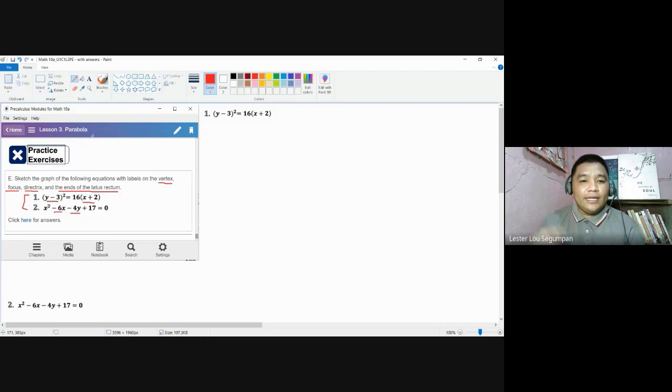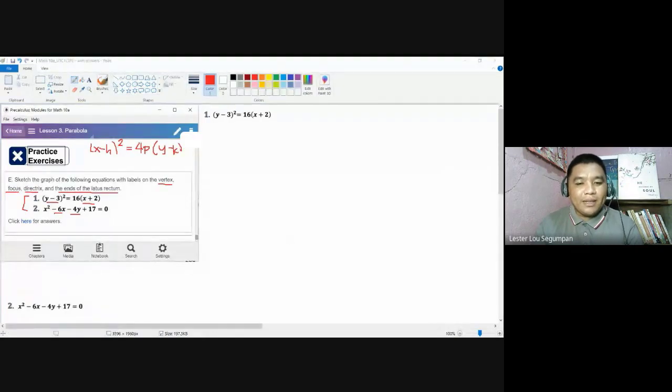Our goal here is to determine what the vertices are. The standard form for parabolas where the vertices are not at the origin is either the square of x minus h is equal to 4p times y minus k.